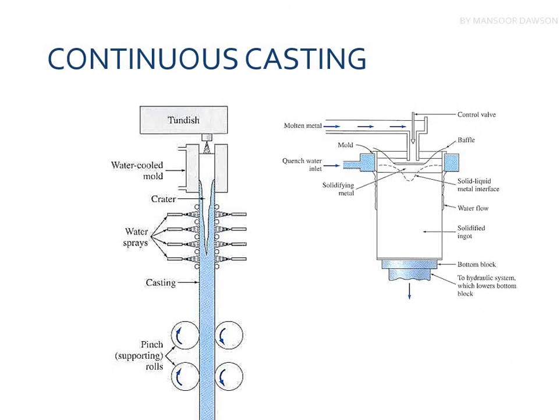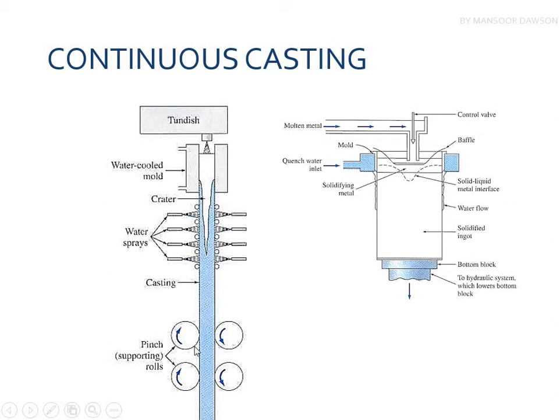Then we have continuous casting, in which there is a tundish from where the molten metal is being provided, and the dies of the casting are water cooled, so that the metal provided from the upper part is being continuously cooled.